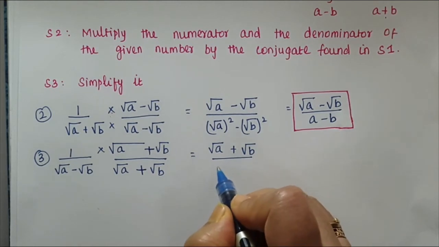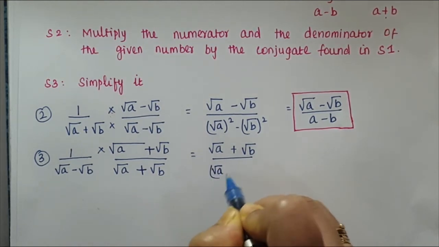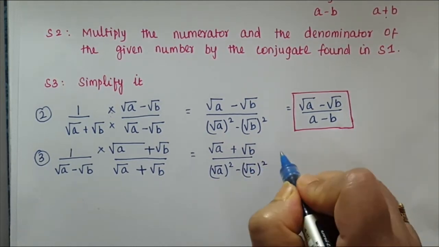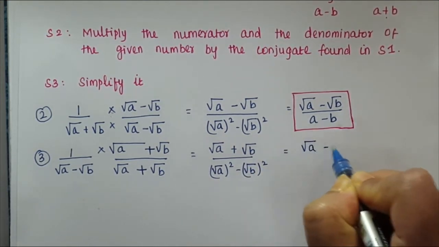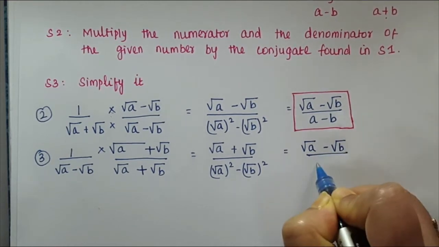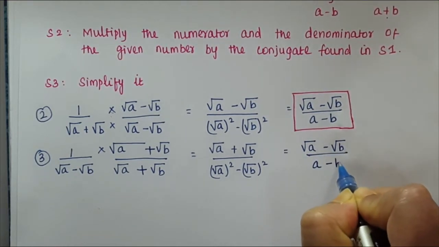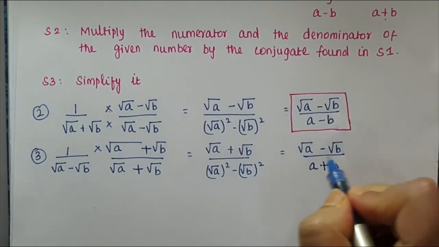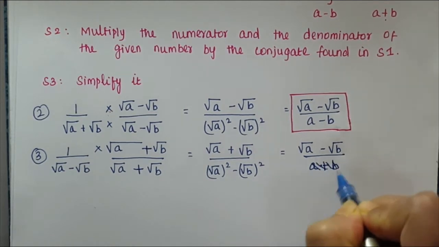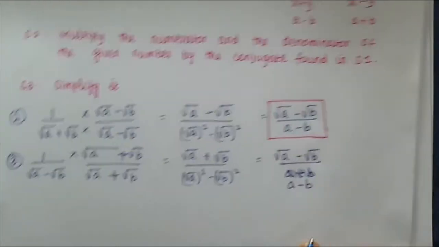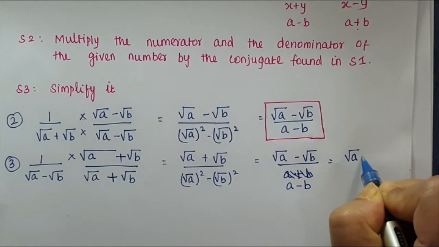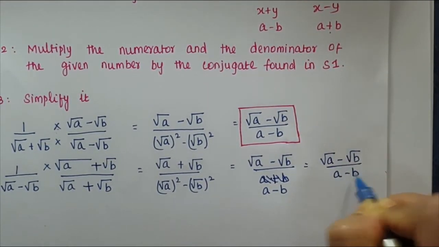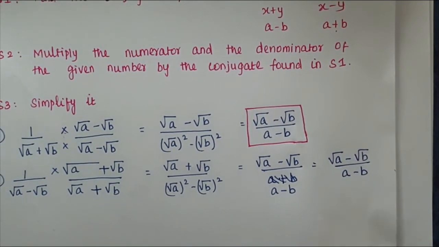The same identity we can use. So square root of a the whole square minus square root of b the whole square, which is equal to a minus b. So square root of a plus square root of b by a minus b. Clear?